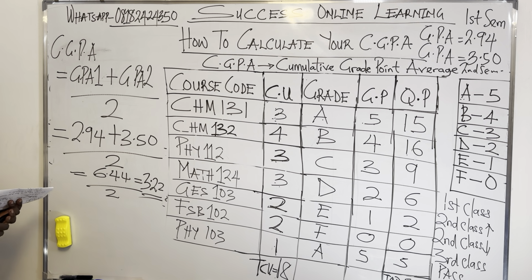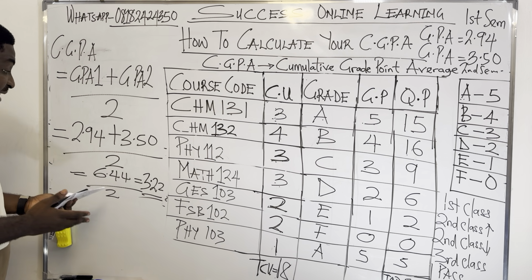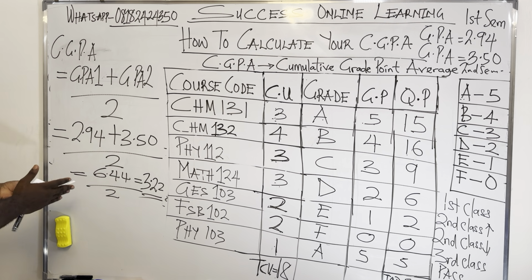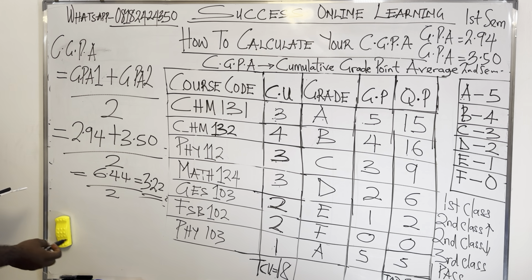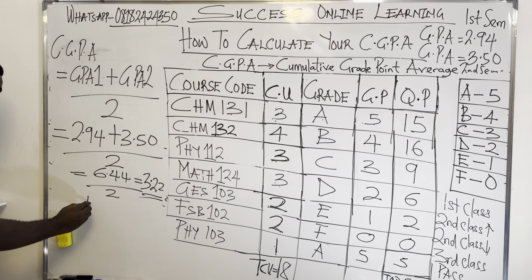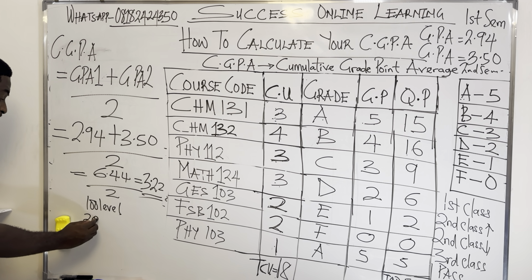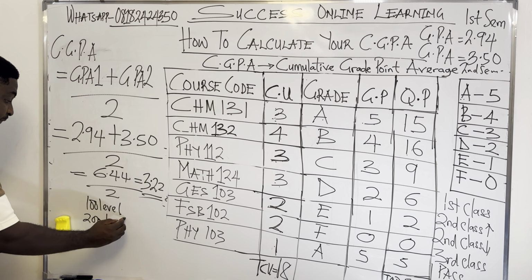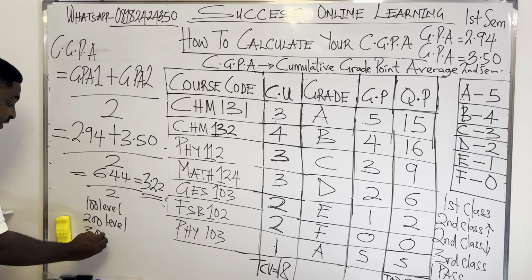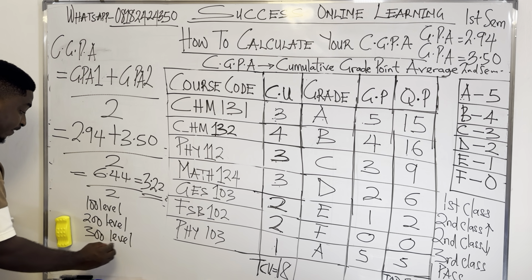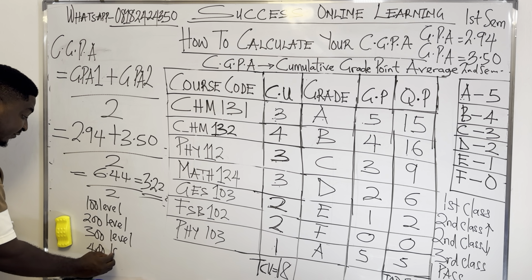Now, this is for a particular year. Let us say this is 100 level. Let's assume the student is offering a 4-year course. So we have 100 level, 200 level, 300 level, and 400 level.